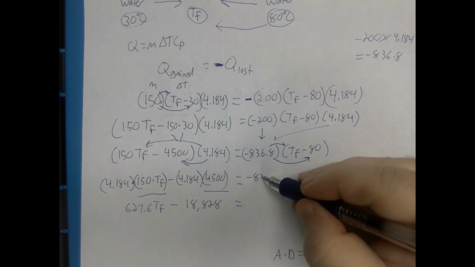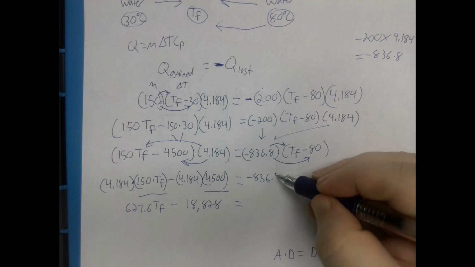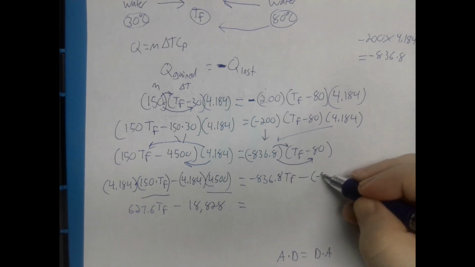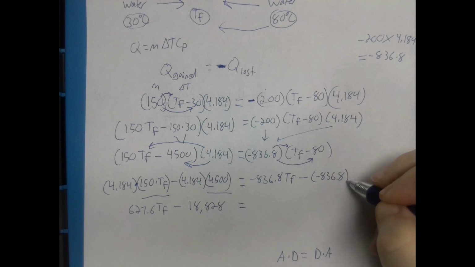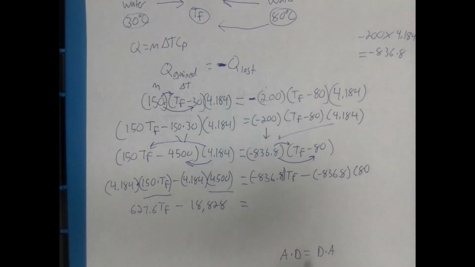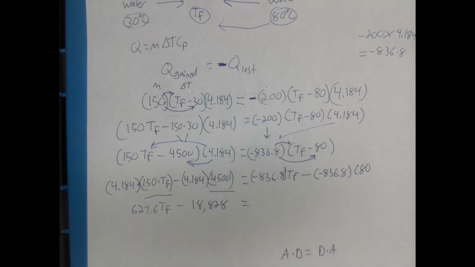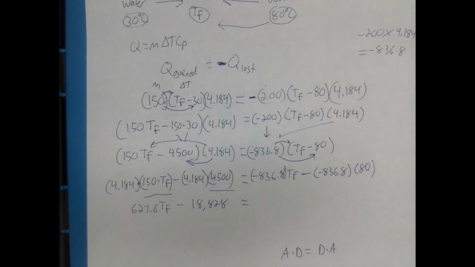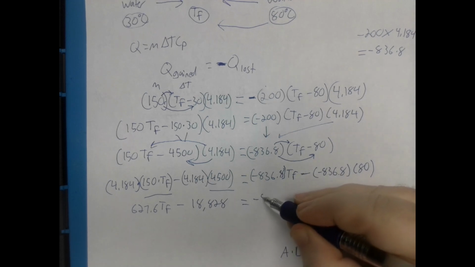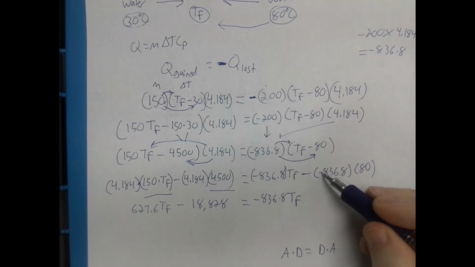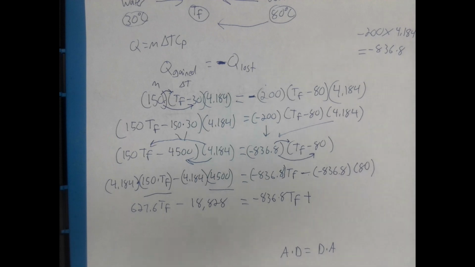So negative 836.8 TF minus negative 836.8 times 80. So this times TF, this times negative 80, or minus 80 I should say, here's the minus. So that would be equal to negative 836.8 TF. A minus and a negative makes it plus.